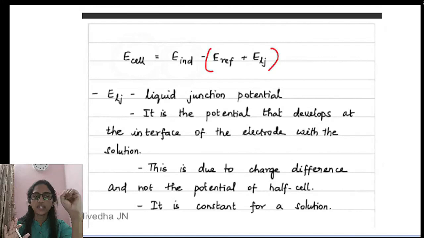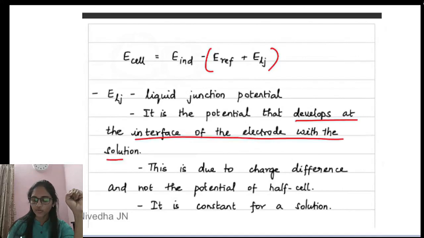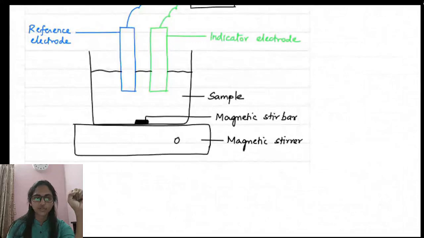From the indicator electrode potential, I need to subtract my reference electrode potential and the liquid junction potential. What is this liquid junction potential? Liquid junction potential is nothing but the potential developing at the interface of the electrode with the solution. We have two electrodes, is it not? Reference electrode and indicator electrode.